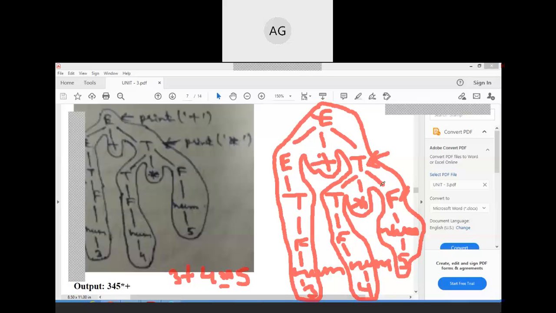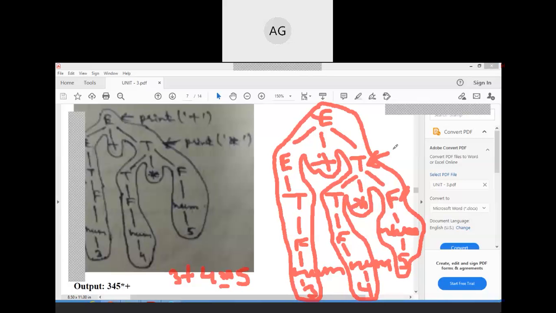At the point of T, as you can see here, the value of T can be evaluated from the value of T dash and F. At this point I have the value of T dash, which is 4, and the value of F, which is 5.